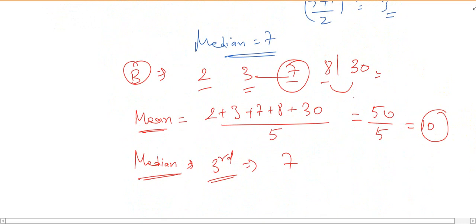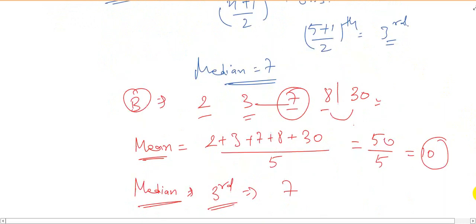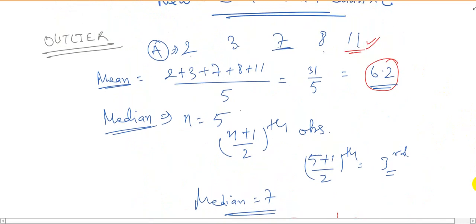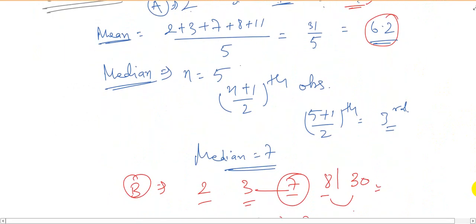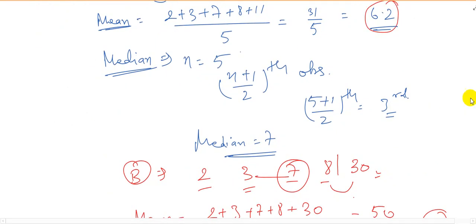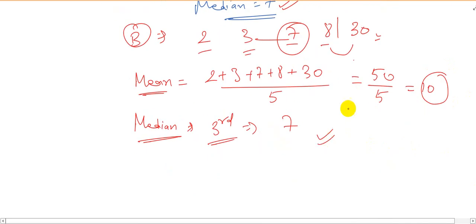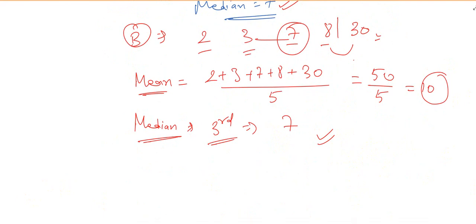That means we can conclude again that outliers also alter the value of the mean, whereas the median is unaffected.